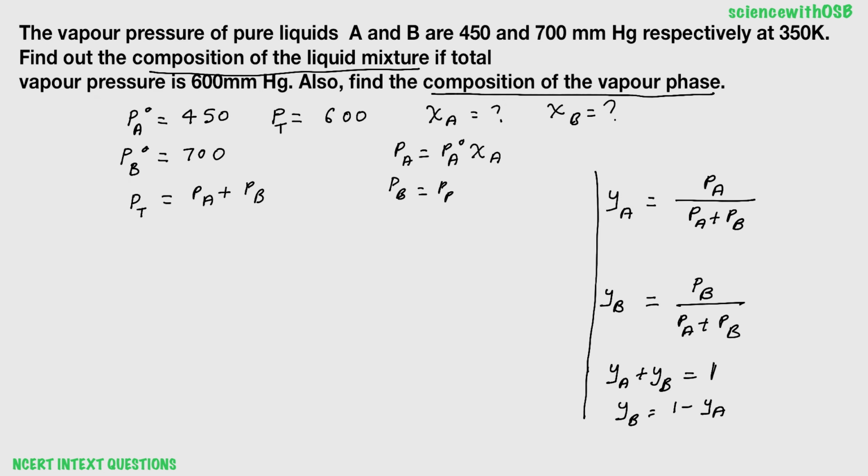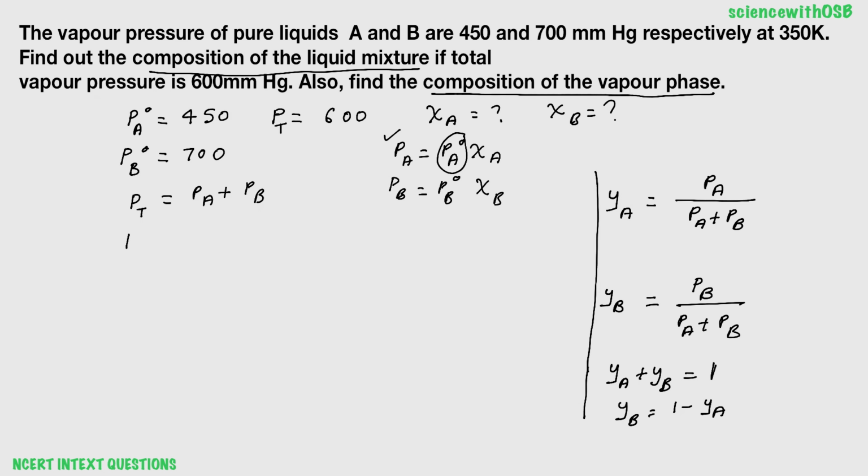PB is equal to PB standard chi B. Remember, PA means it is the partial vapor pressure of component A in the solution. And what is PA standard? It is the vapor pressure of the pure liquid A. Similarly, PB is what? Partial vapor pressure of the component B in the solution.